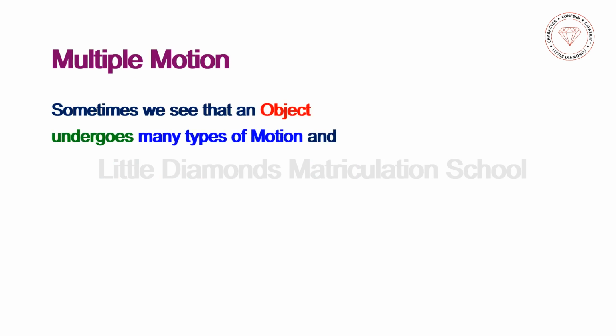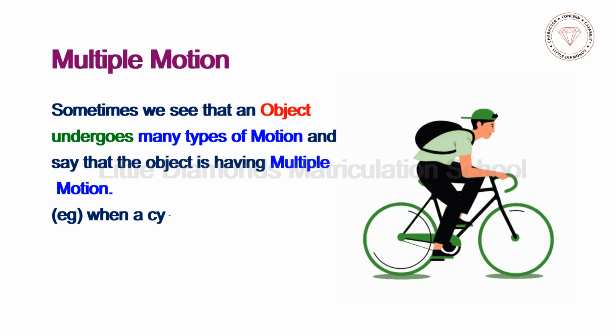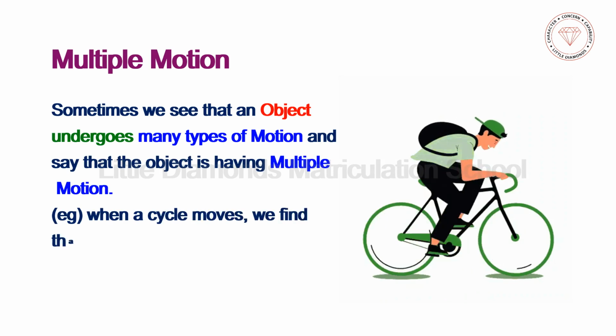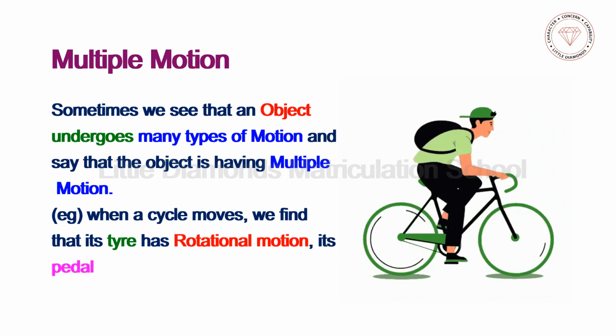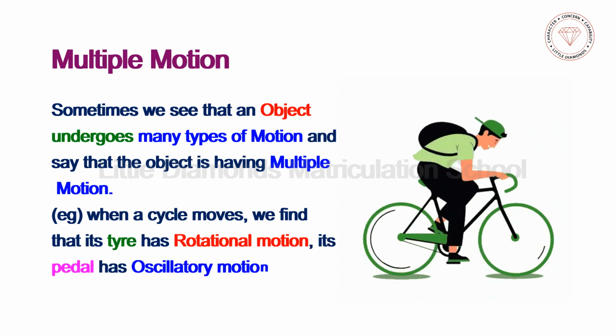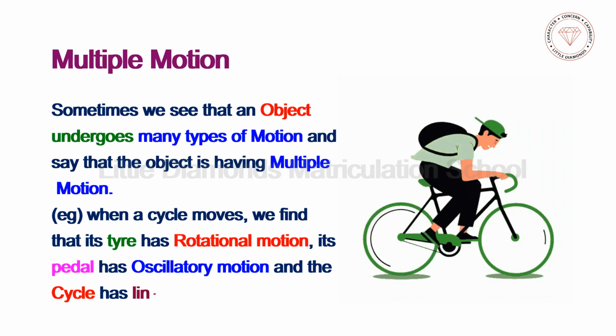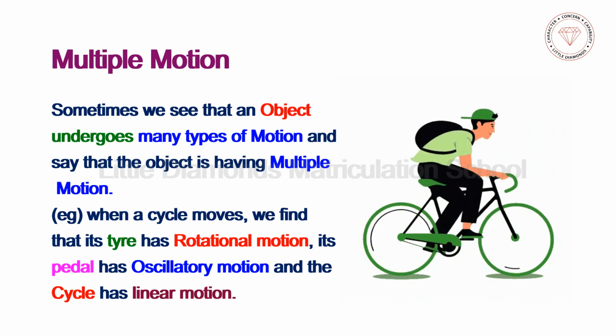Sometimes we see that an object undergoes many types of motion and we say that the object is having multiple motion. Multiple motion. When a cycle moves, we see that its tire has rotational motion, its pedal has oscillatory motion, and the cycle has a linear motion.